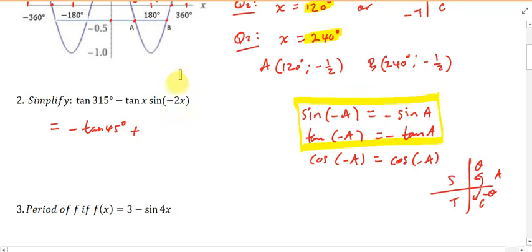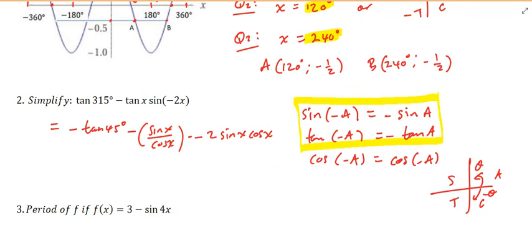Okay, I'd rather do this. Let's keep this as negative. Tan x is sine x over cos x, and sine of negative 2x is negative sine 2x. Sine 2x is a double angle, which is 2 sine x cos x.